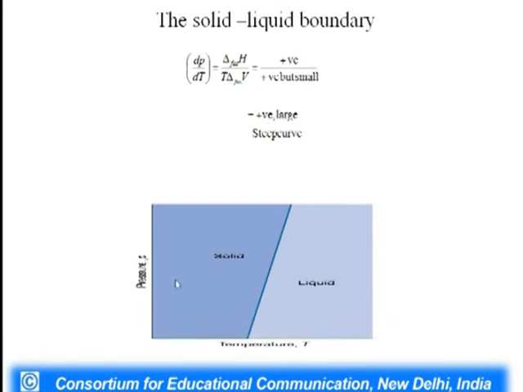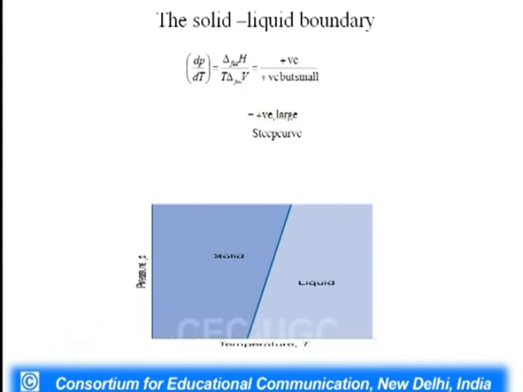What does that mean? Equilibrium pressure will increase if we increase the temperature, or the opposite way, if we increase the pressure, then equilibrium temperature will also increase. So, this is a positive slope. This is generally true for any solid-liquid system.